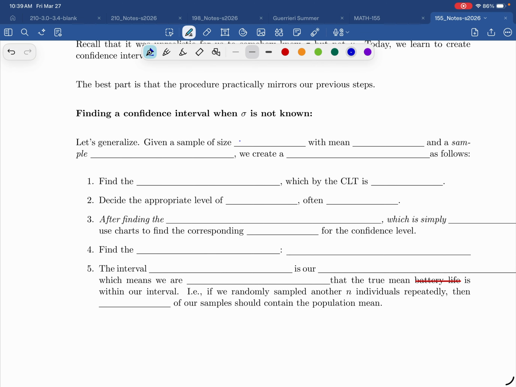So given a sample size of n greater than 30, or any n from a normal population with mean x bar and sample standard deviation S, we create a confidence interval as follows.